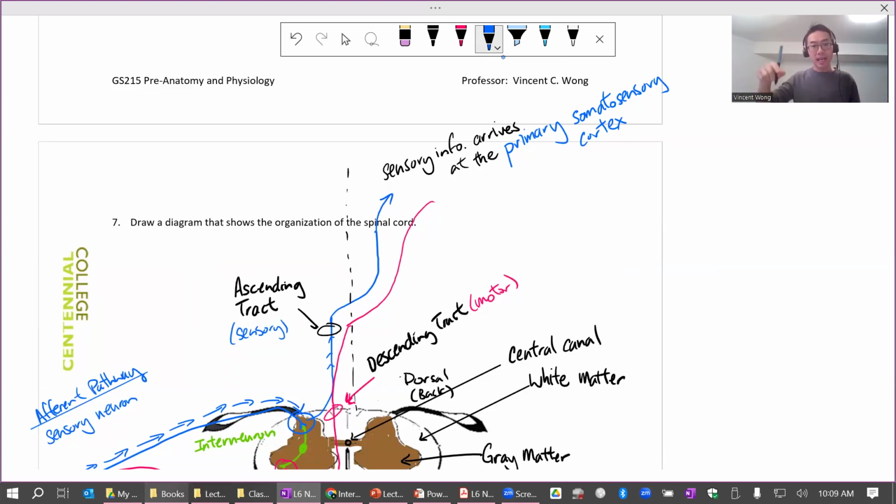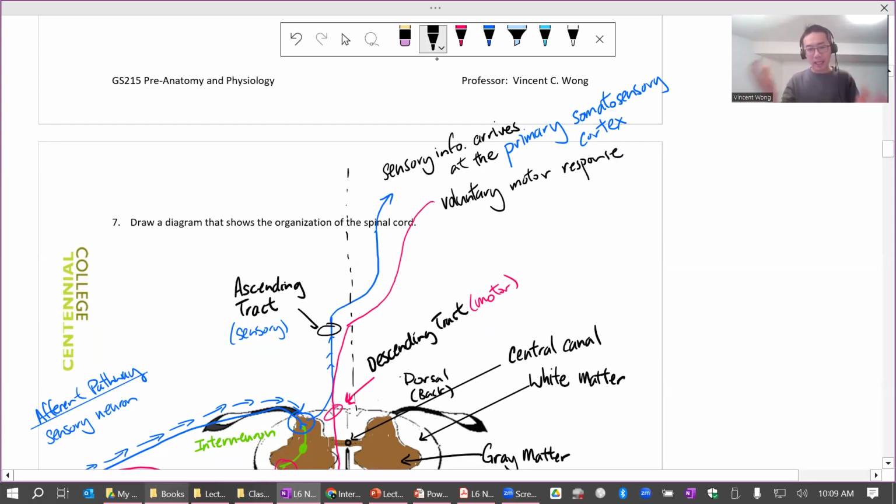Then it communicates with the primary motor cortex. So voluntary motor response, like blowing on your hand, running the hand under cold water.